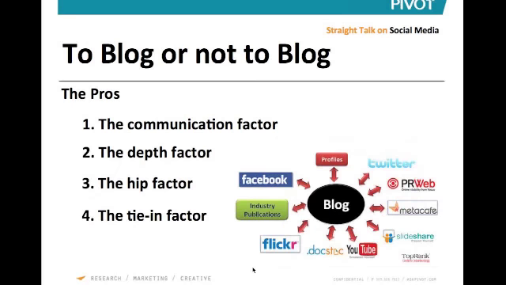And then there's a tie-in factor. Blogs can be easily connected to your social media sites, to your Facebook page. Tumblr and others have features where, once you write a blog post, it will automatically post a link to it to your Facebook company page, that sort of thing. Also, blogs are hosted on the web at their own web address, so you don't have to worry about people necessarily having a Facebook or Twitter account.